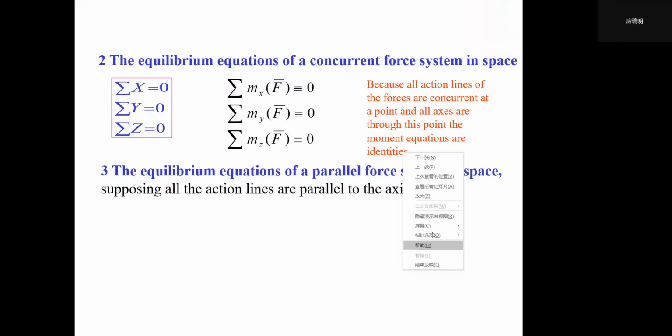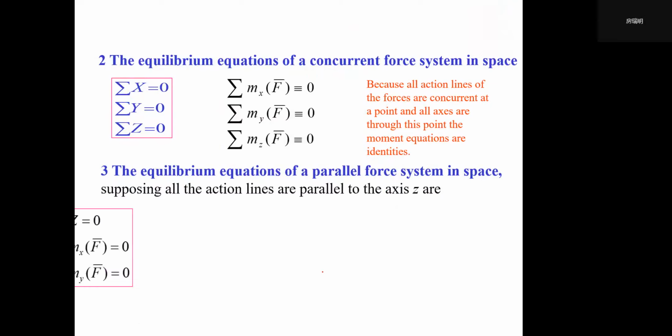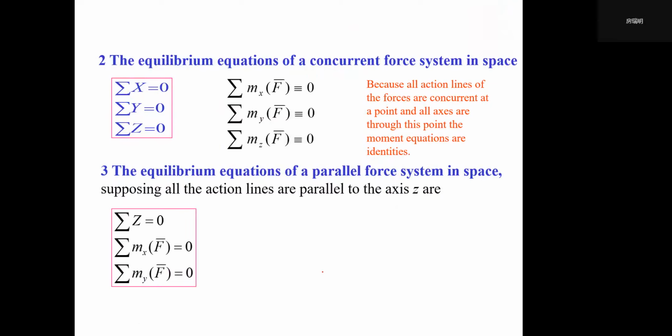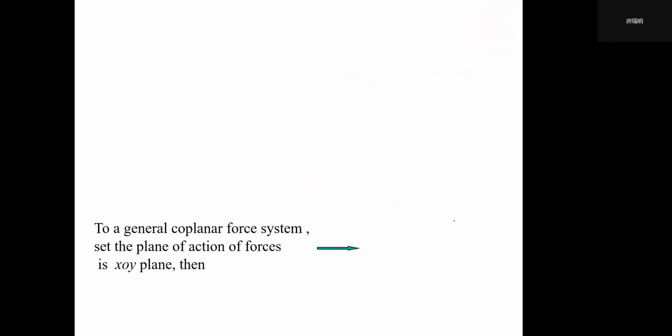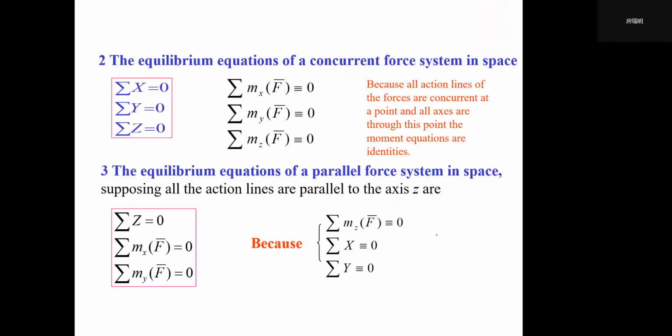The equilibrium equations of a parallel force system in space, supposing all the action lines are parallel to axis Z. So maybe I can draw a picture here, since it is not given.